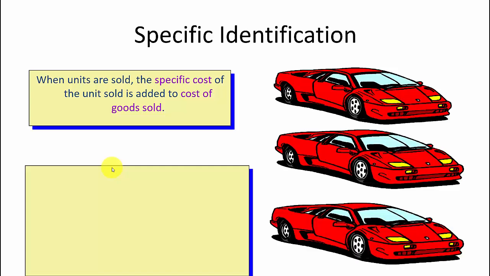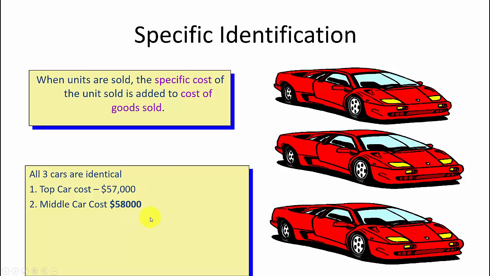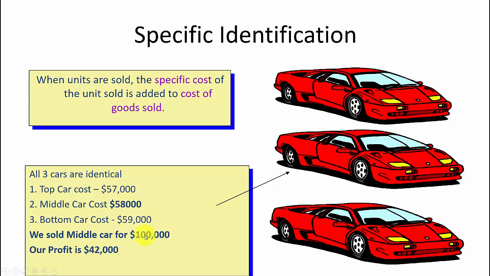So let's say you have 3 cars, and all 3 cars are identical in every respect except you paid different prices for them. For example, the top car cost you, the dealer, $57,000. The middle car cost $58,000, and the bottom car cost you $59,000. So if you sold the middle car for $100,000, then your profit margin would be $42,000.